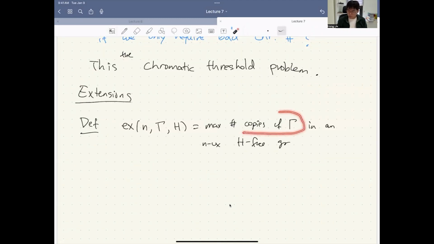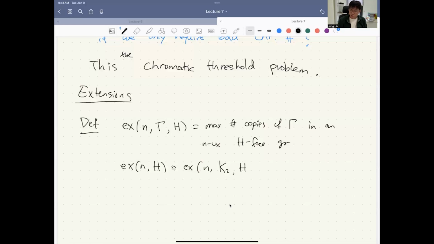Before, we cared about the maximum number of edges in an H-free graph. Now we replace counting edges with counting Γ. So our usual extremal number in this generalized setting is just ex(n, K2, H). This is a more generalized setting, also well studied.